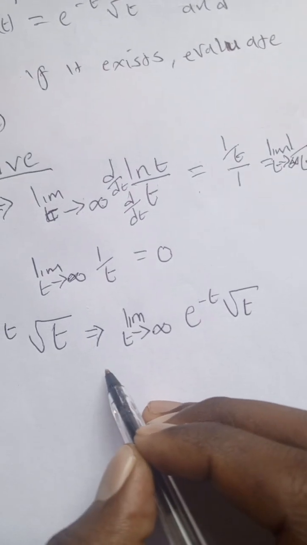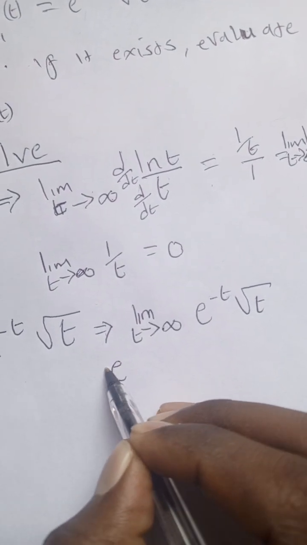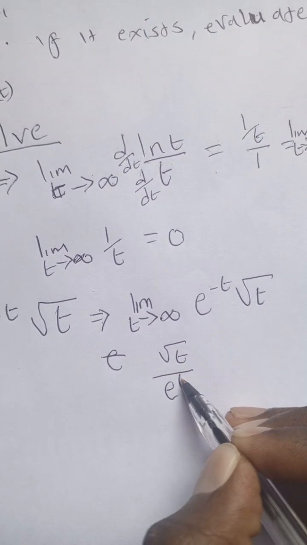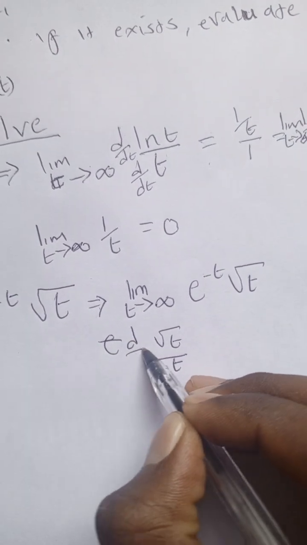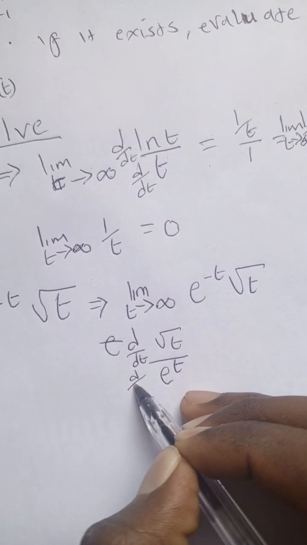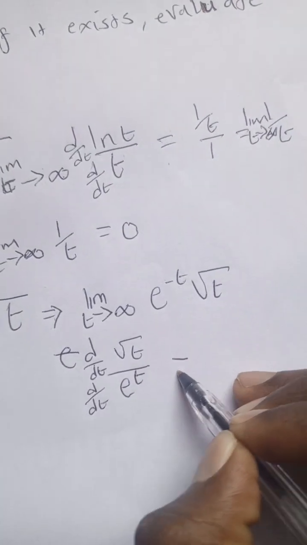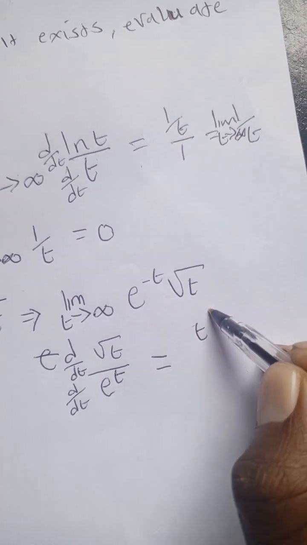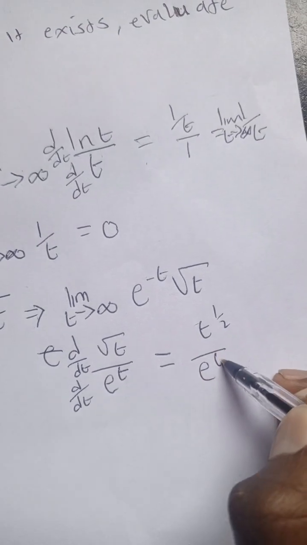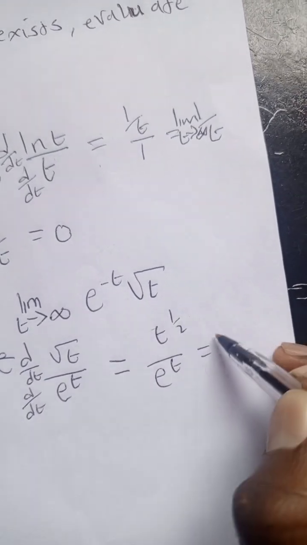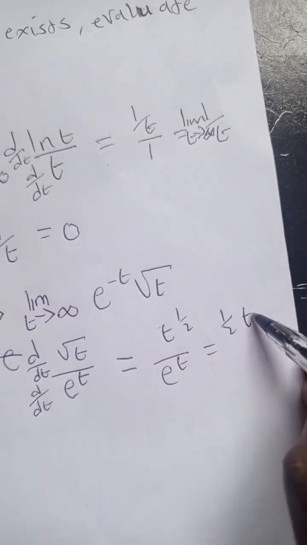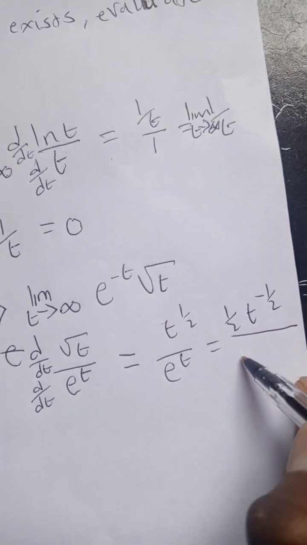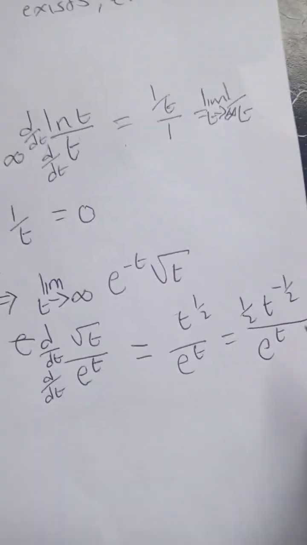Let's write it the way it is and see how it turns out. Let's differentiate the top part and the bottom part. The top is the same as t to the half, so when you differentiate it, we get half t to the power negative half, divided by e to the power t, which stays the same.